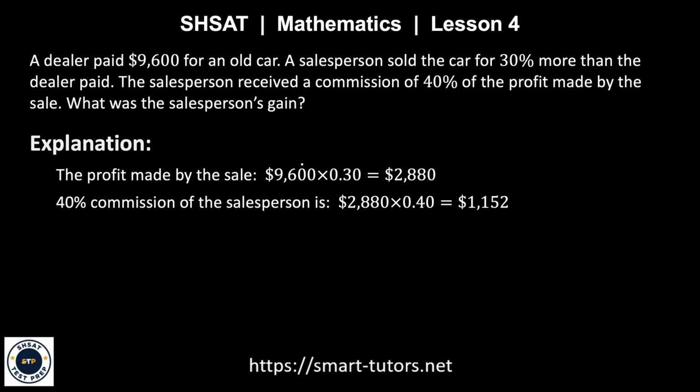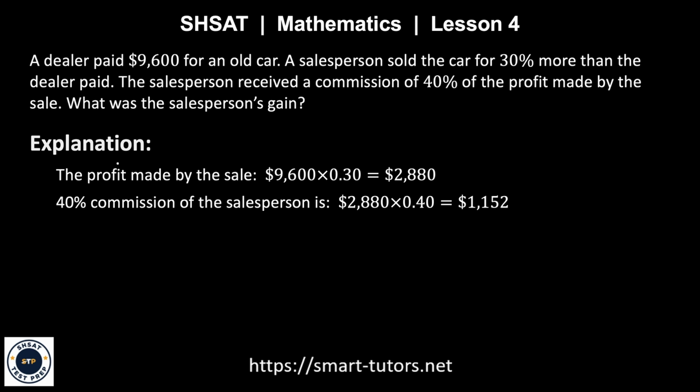Now let's do a little bit different problem. A dealer paid $9,600 for an old car. A salesperson sold the car for 30% more than the dealer price. The salesperson received a commission of 40% of the profit made by the sale. What does the salesperson gain?